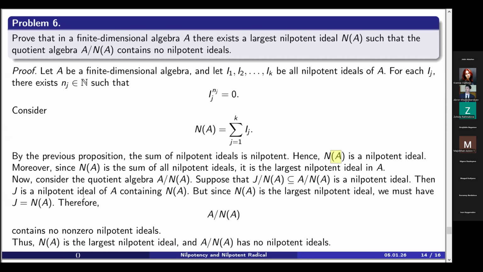Then J is a nilpotent ideal of A containing N. But since N is the largest nilpotent ideal, we must have J equal to N. Therefore, A quotient N contains no non-zero nilpotent ideals, because J quotient N is the zero element of the quotient algebra. Thus, N is the largest nilpotent ideal and A quotient N has no nilpotent ideals.